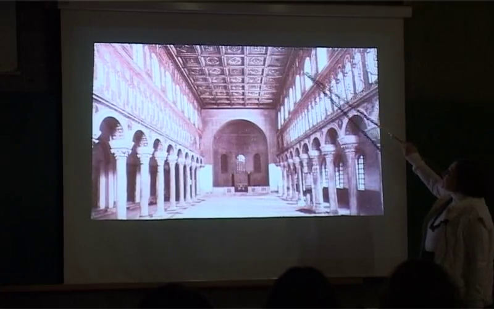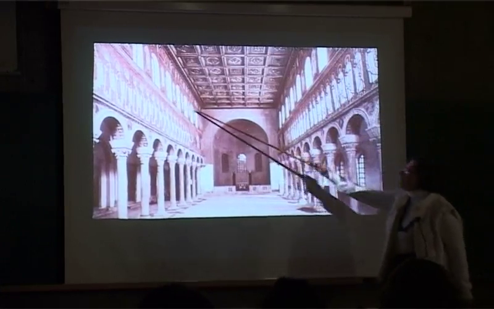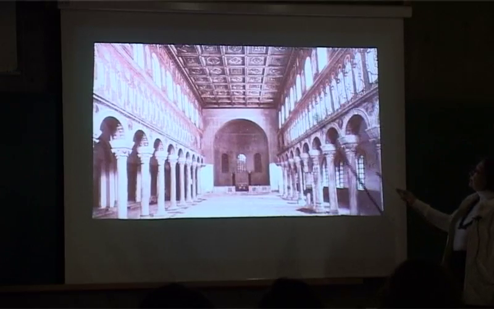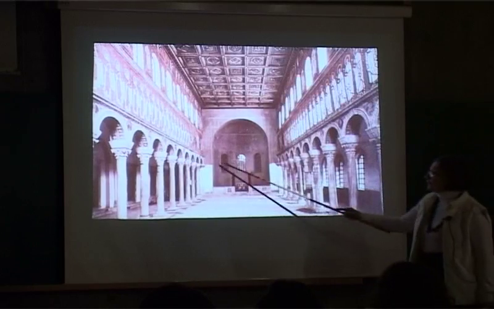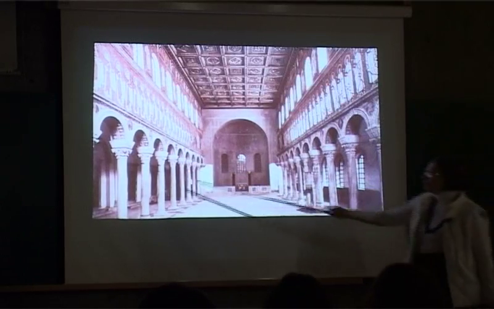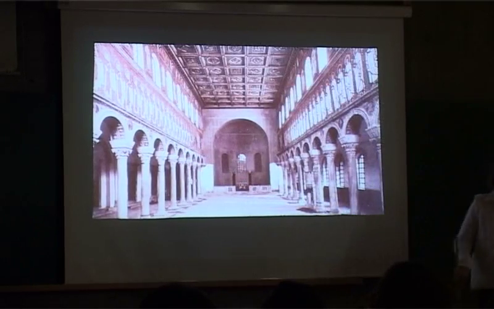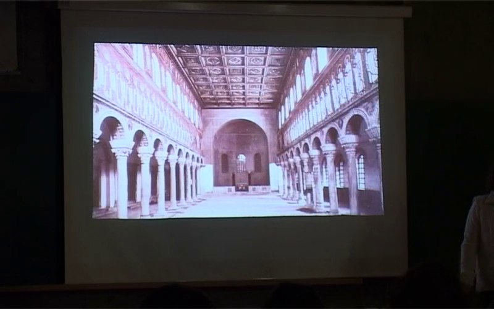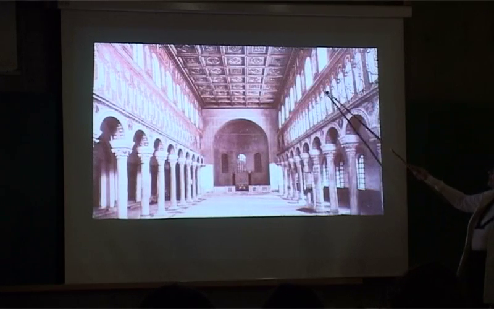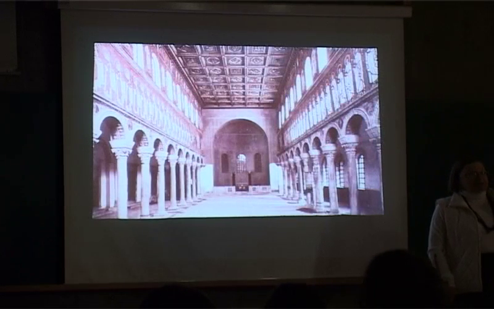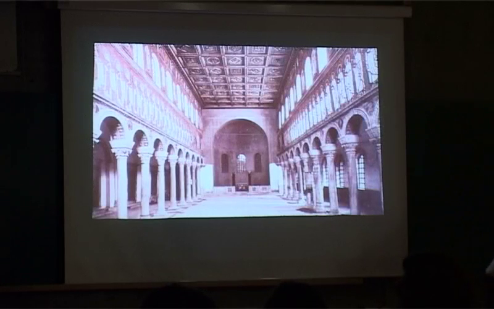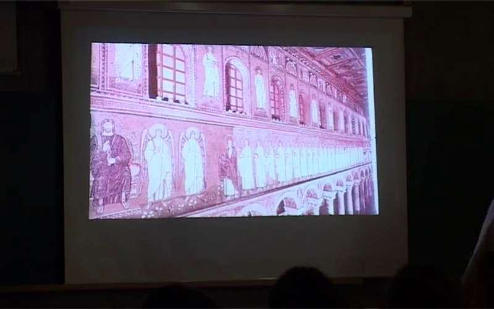So the lighting that comes in from the clerestory falls on the mosaic panels. It also lights the polychromatic columns leading toward the apse. And the golden colored background of the mosaics, as I mentioned earlier, is broken into 1,000 fragments of light.